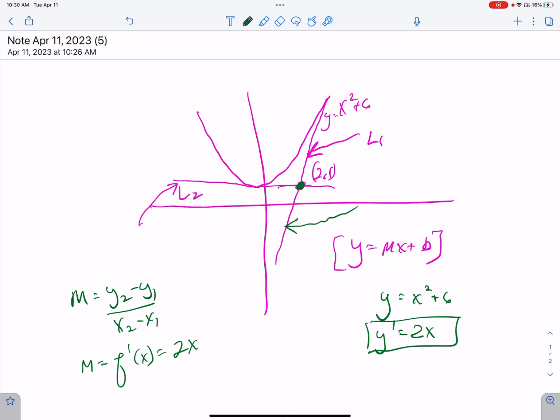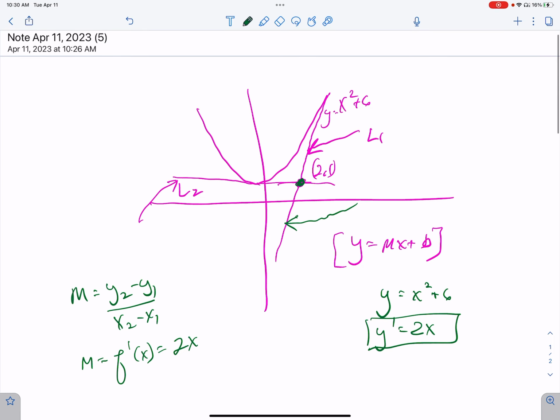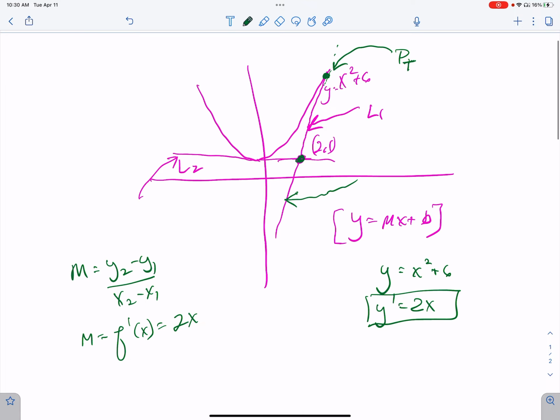All right, so how are we going to do this? Here's the first key, and this happens a lot in calculus, where you're looking at a point. In this case, I'm going to call this P1, where this tangent line is tangent. Let's call it PT. That's the tangent point.